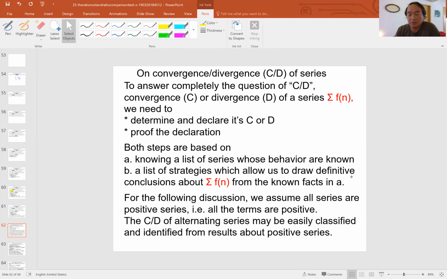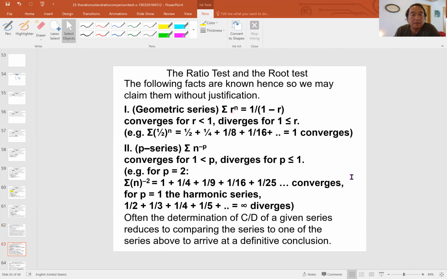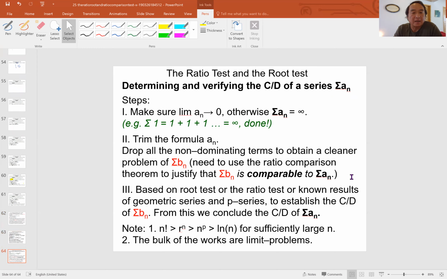Those are the other tricks. And that's basically it, the basic structures of verifying series convergence and divergence.